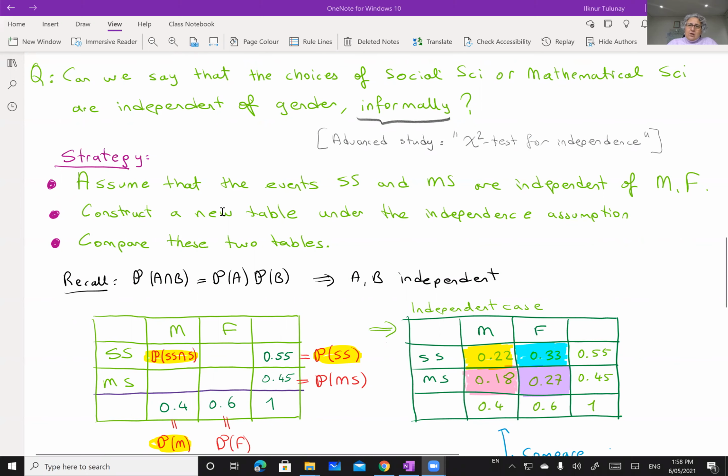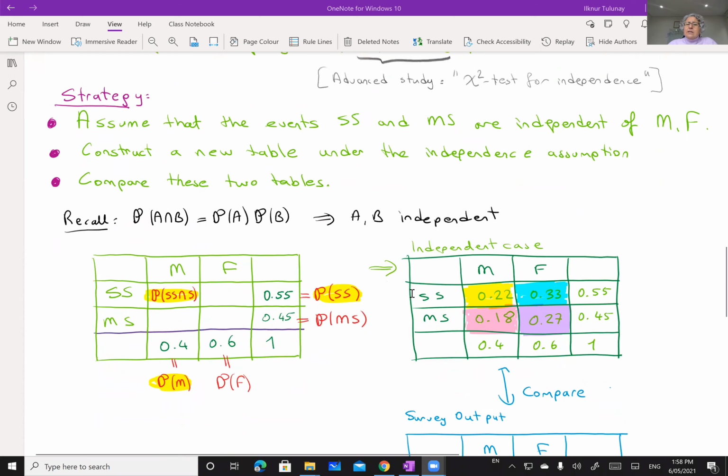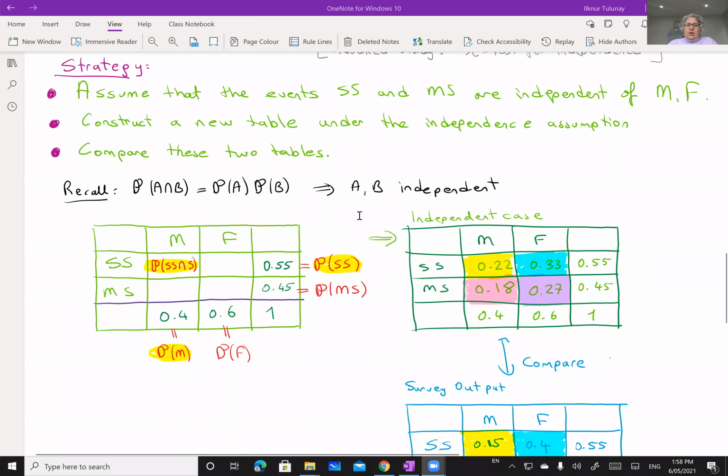We construct a new table under the independence assumption. Then we compare the data table that we have and the table that we obtained, and we will try to see whether they are dependent or independent. This is an informal way of checking dependency and independency, but it explains the concept. So this is why I chose it.